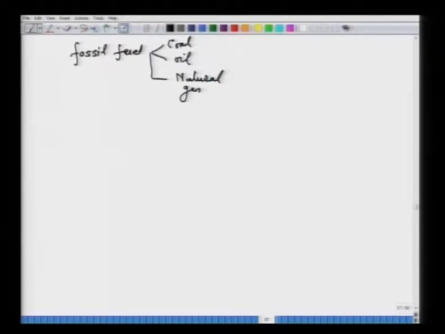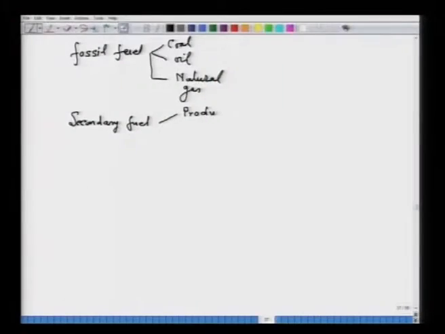All these fuels can be used for generation of thermal energy, and the secondary fuel could be derived from the fossil fuel. One is the producer gas, and another is the coke. You know, coke is used for reduction smelting in blast furnace for production of iron. It is not a naturally occurring material.